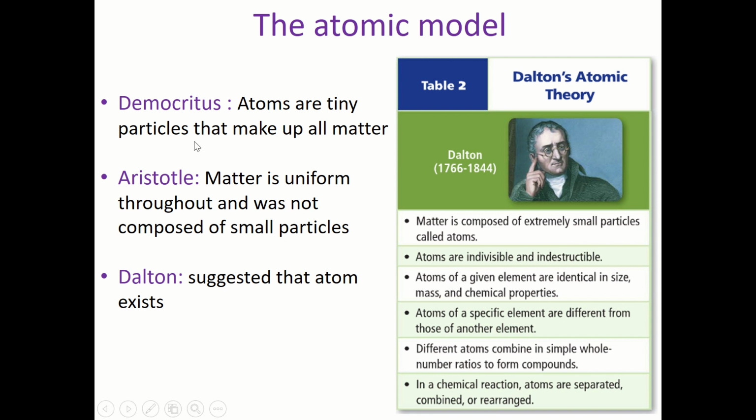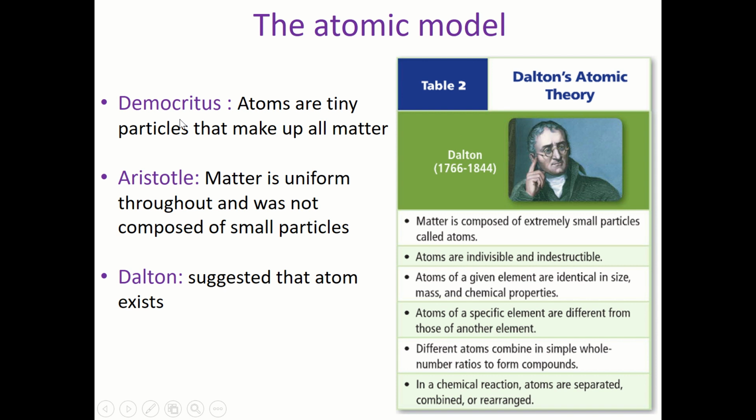Now we have different atomic models, and I want you please to know those models very well. The idea is you need to know the name of the scientist or the philosopher, and what his or her contribution to the atomic model is. The first person that we need to learn about here is Democritus.